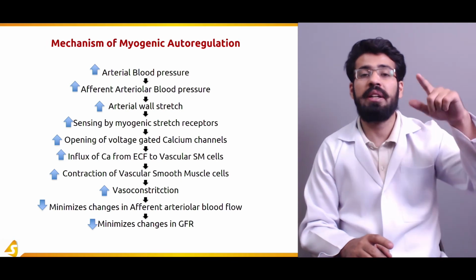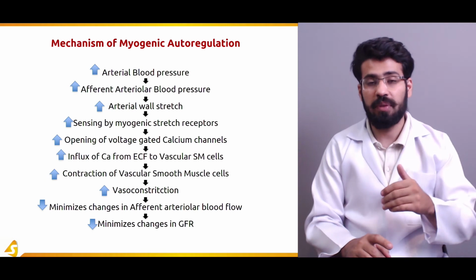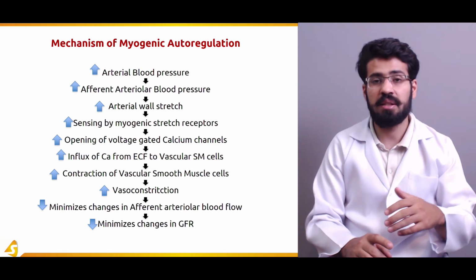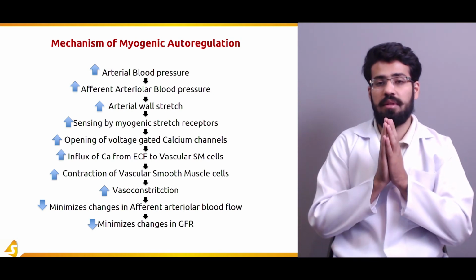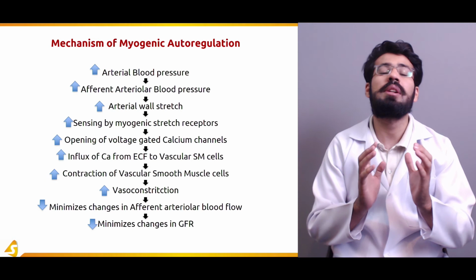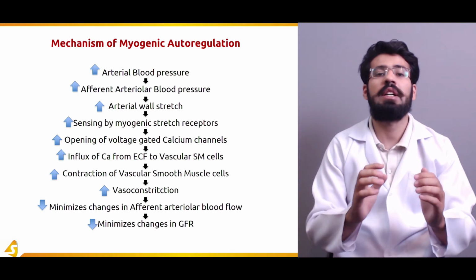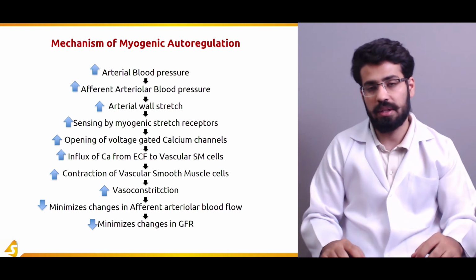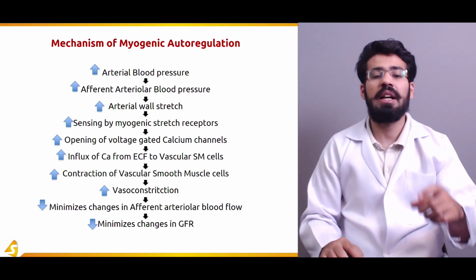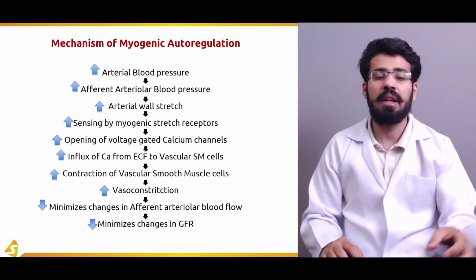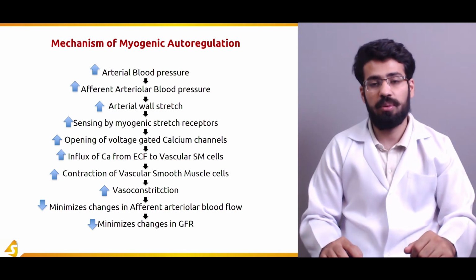Now, if you can remember, the calcium that enters from the extracellular fluid into the muscle cells will bind to the troponin head. It will cause the contraction of the muscles. When the muscle contracts, this will cause vasoconstriction, the constriction of the muscles of the blood vessels. After the vasoconstriction has occurred, it will minimize the changes in the afferent arteriolar blood flow.